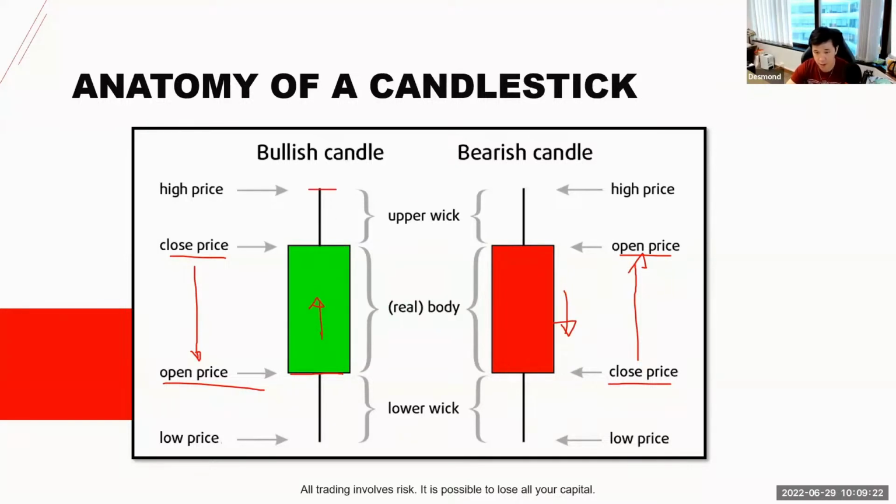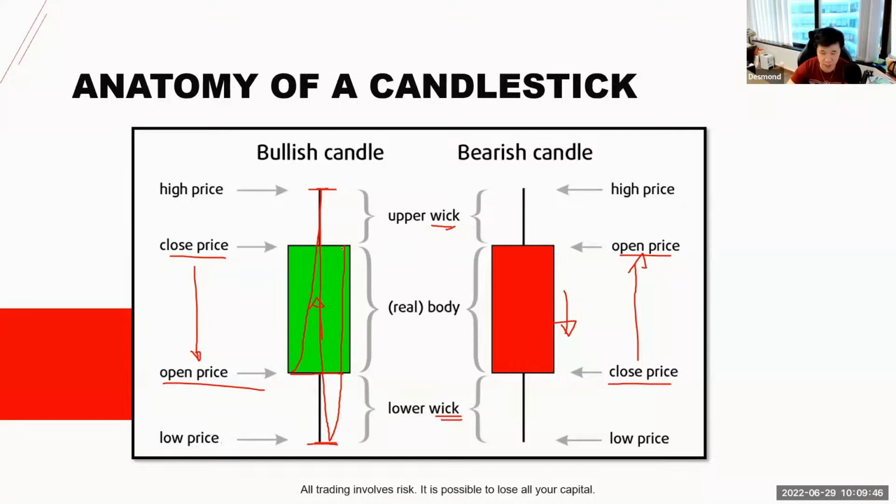The wicks here are the upper and lower wicks. Some of you call it the wick, some of you call it the shadow. It basically means the highest point and the lowest point of price during this candlestick. So in this example, price could have opened over here, gone all the way to the top, all the way to the bottom, and closed over here.